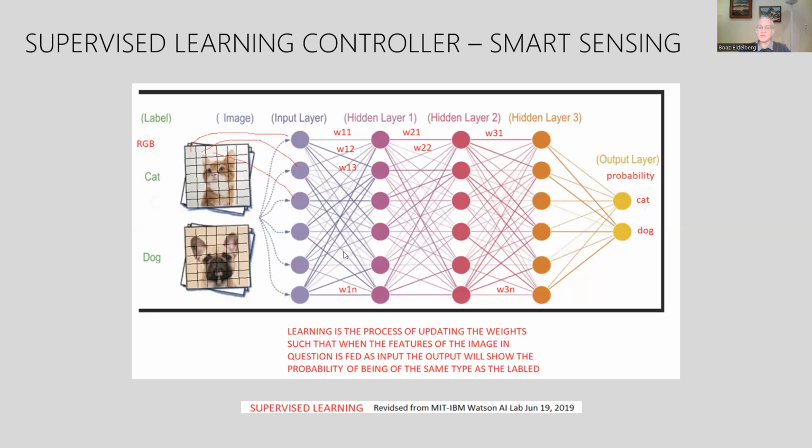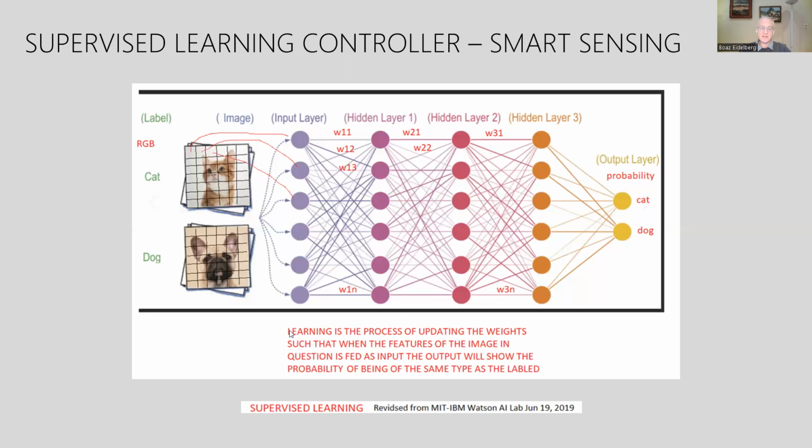All these W's, which is the weighting function, will have to be trained in order such that the output will get the probability that what we see over here on the image is either a cat or a dog, or for an autonomous vehicle, it could be a tree, car, some kind of a traffic signal.